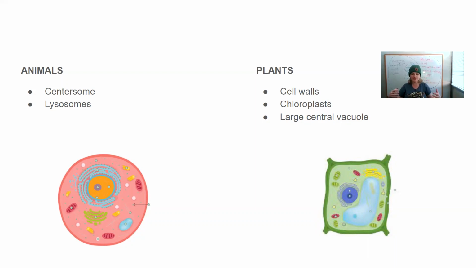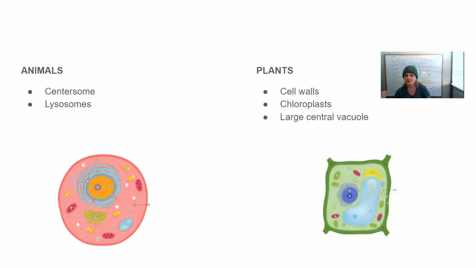Plants don't really have a cytoskeleton, so that's one of those things that are different about them, and that really depends on the anchor point, which is a centrosome. Lysosomes are found in animal cells. These are organelles that are meant to break stuff down. So if we continue our city analogy, that would be the recycling center.